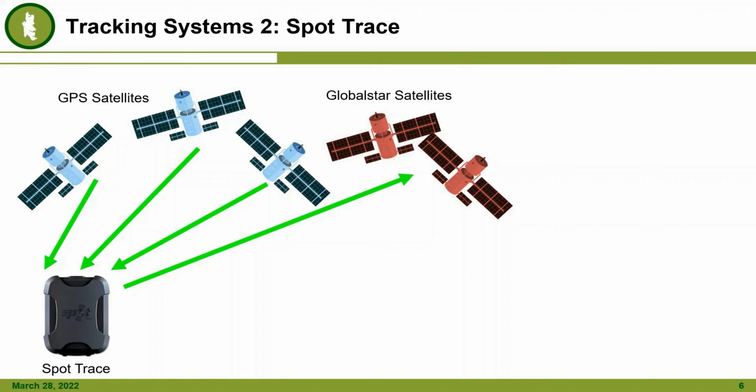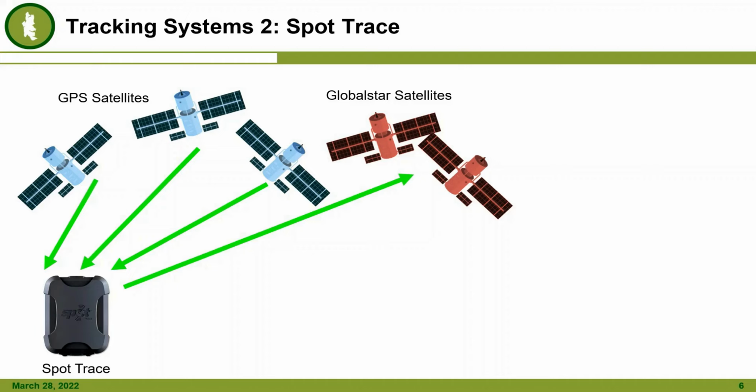So basically what happens is that this Spot Trace unit can compute its own position anywhere in the world and communicate with overhead satellites anywhere in the world to send that location information up to the Globalstar satellites, right?